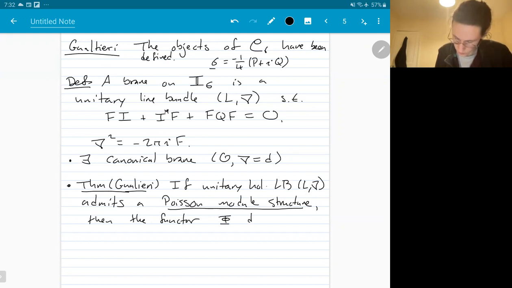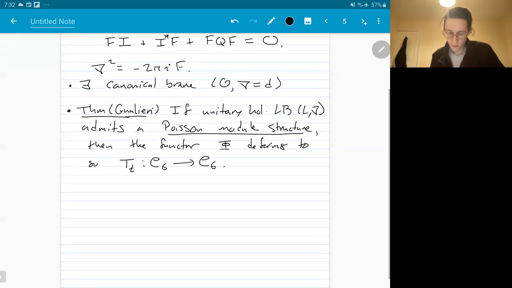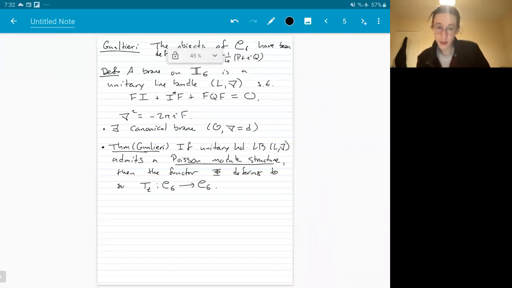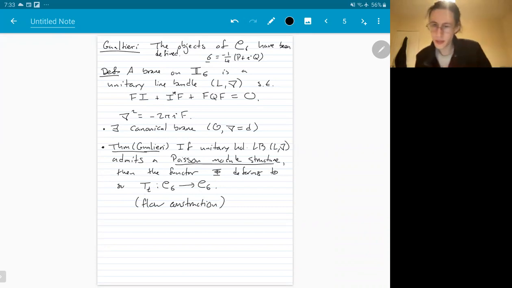deforms to some other kind of functor. Well, we can't really say it's a functor, but it at least gives you a map that takes a brane and gives you another brane. The way you do this is this flow construction, which is so important in generalized Kähler geometry.